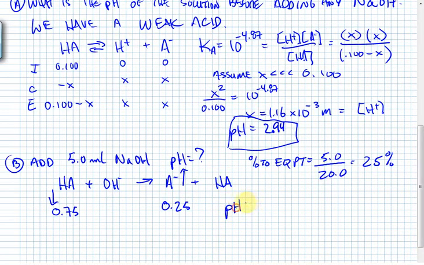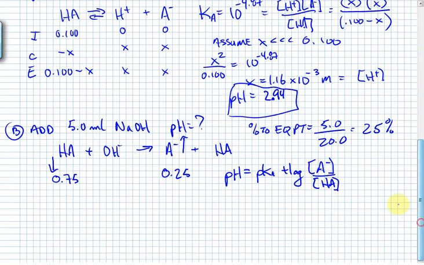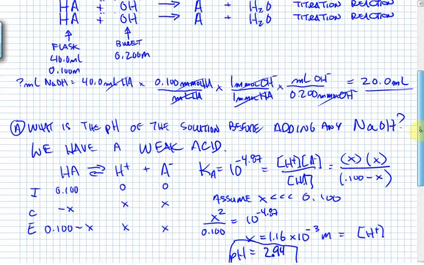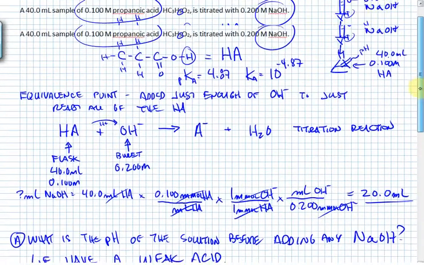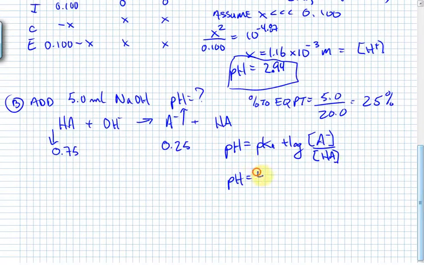We're going to use our favorite equation, the Henderson-Hasselbalch equation. pH is equal to pKa plus the log of the concentration of the base divided by the concentration of the conjugate acid. We plug in, pH is equal to, we said the pKa for our acid was 4.87, plus the log of the relative A minus concentration, 0.25, over the relative concentration of the HA, 0.75.